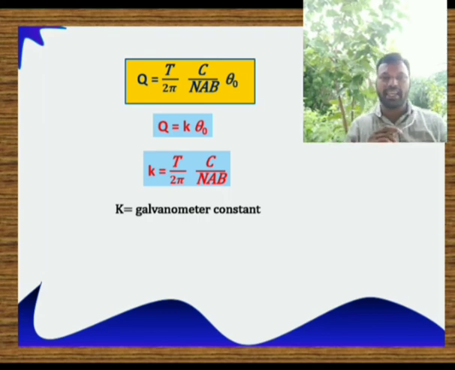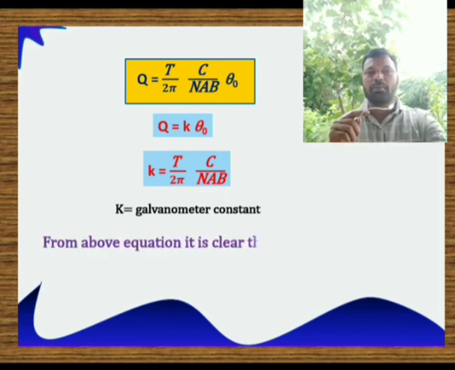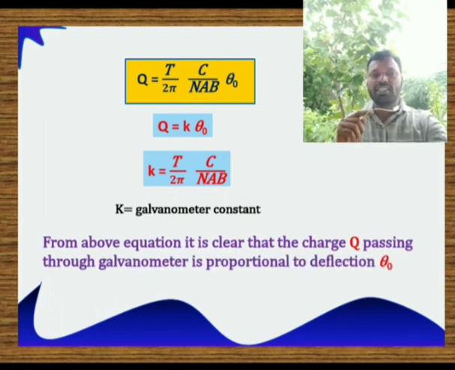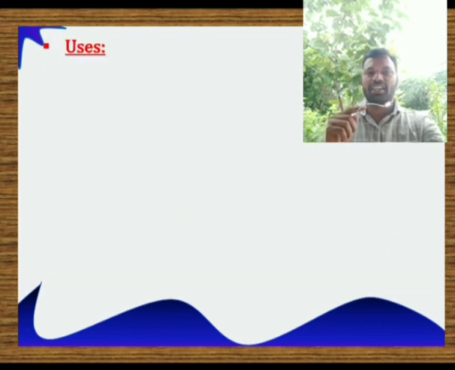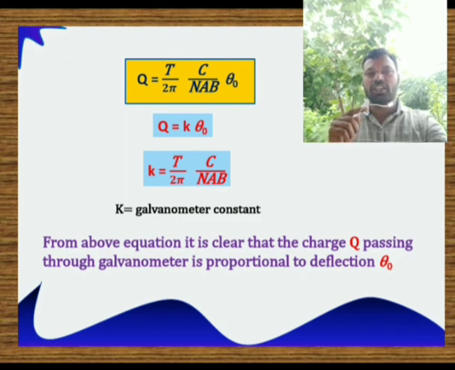Put it as K. Now Q is equal to K theta naught. K is the galvanometer constant. From the above equation it is very clear, Q is proportional to theta naught. What is theta naught? It is the deflection. So by measuring deflection we can find out Q, charge. This is the basic theory behind the ballistic galvanometer.